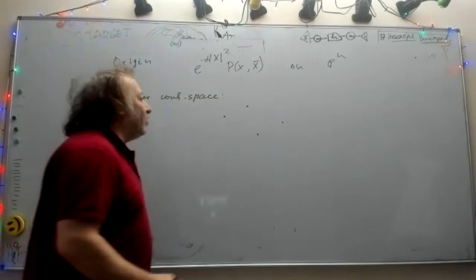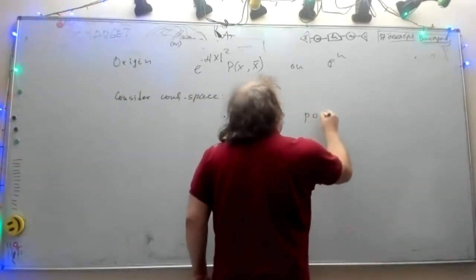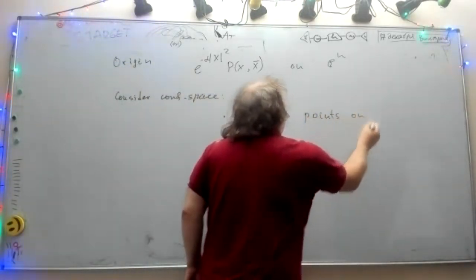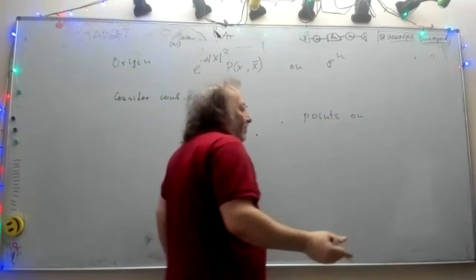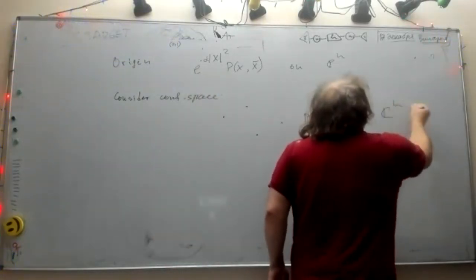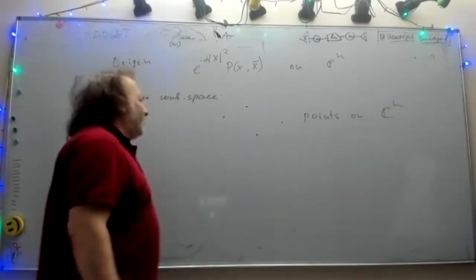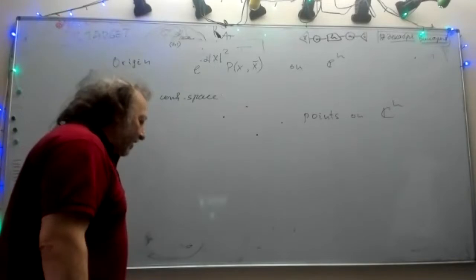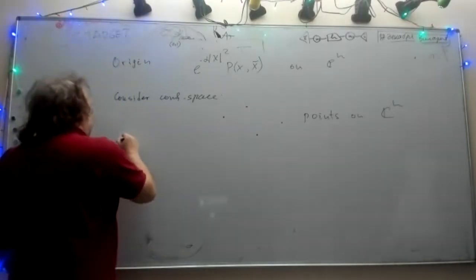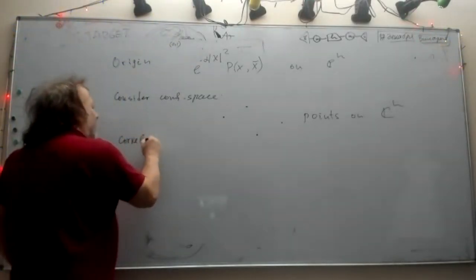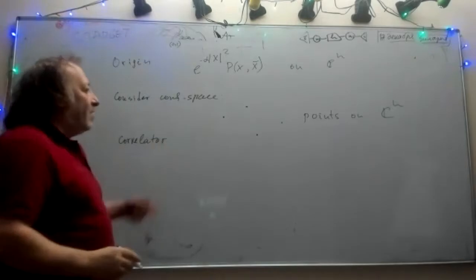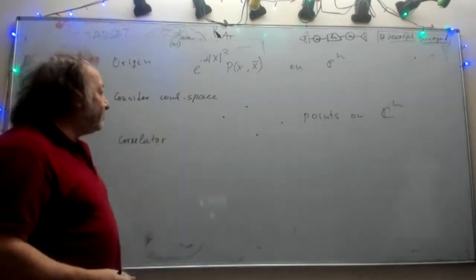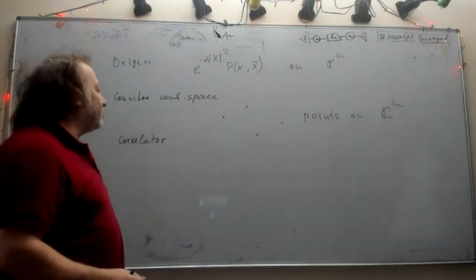So here we have points. So for me, it will be points on C^n. And then consider the correlator. And when we study the correlator, it's a function of points.